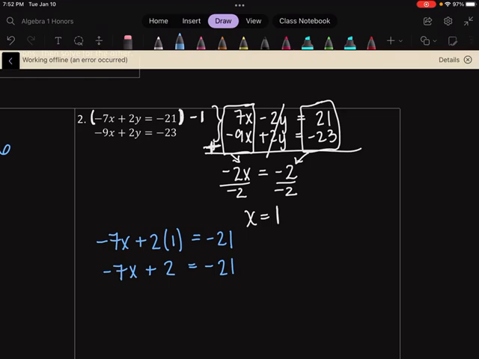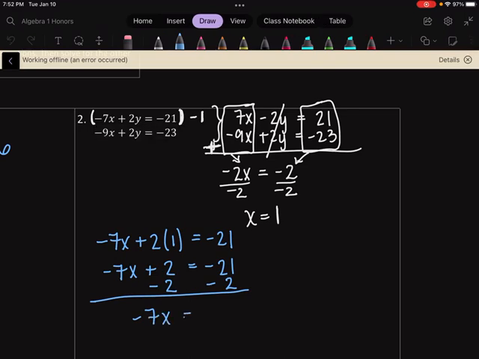I feel like I've messed something up there, because then we're going to get a fraction here, minus 2 minus 2. And then we would have negative 7x is equal to negative 23. Okay.